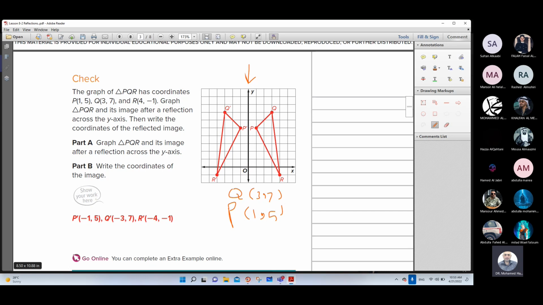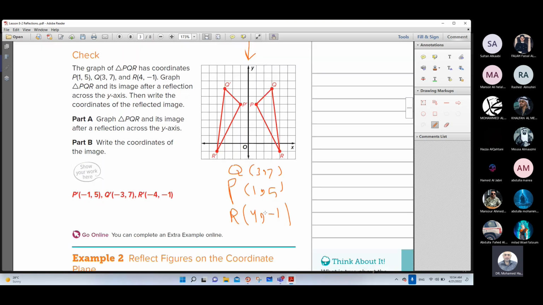As you see, here 5, the same Y, but we have the opposite X. Here negative 1, here 1. And also the same idea for R. We have the same Y, but we have the opposite X.